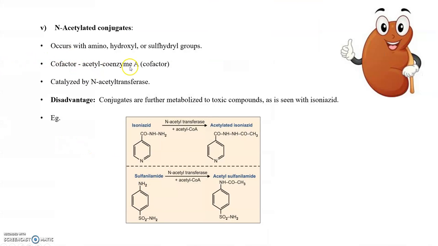That is, the N-acetyl group is transferred to the drug with the help of N-acetyl transferase from acetyl coenzyme A. Okay, so finally, one disadvantage is that it is creating side effects. Toxic compounds can also be created through this conjugation method. For example, this particular drug used to treat tuberculosis is forming a hepatotoxic compound. Okay, that is the problem here.